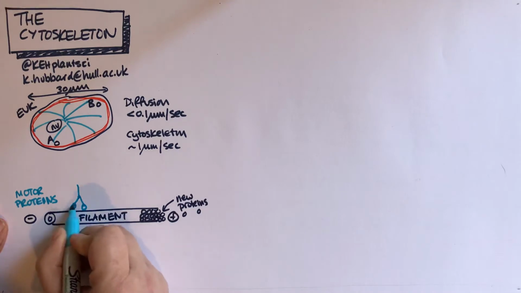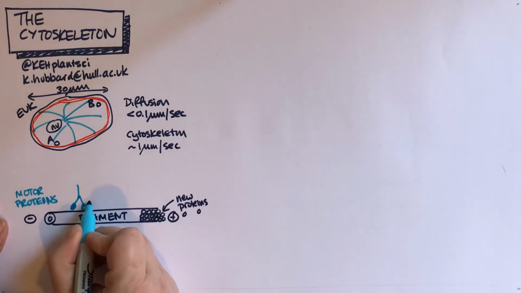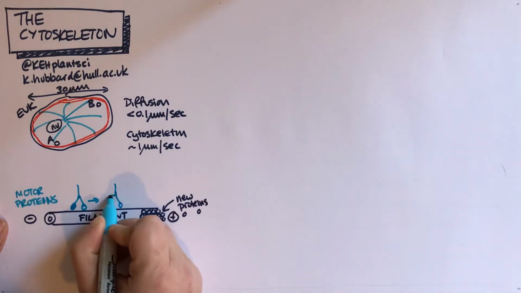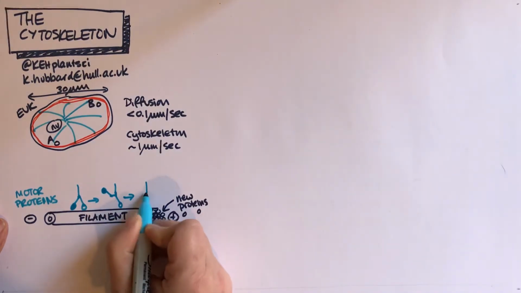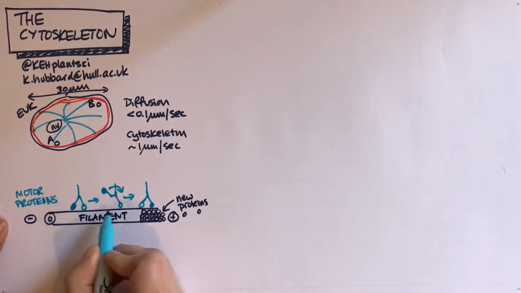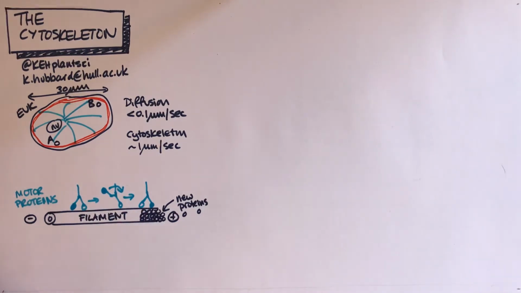So if I just colour in one foot in one colour, what happens is that protein will then pick its feet up and place them one in front of the other, so that sort of swings across. So we've got this kind of walking motion along the filament.